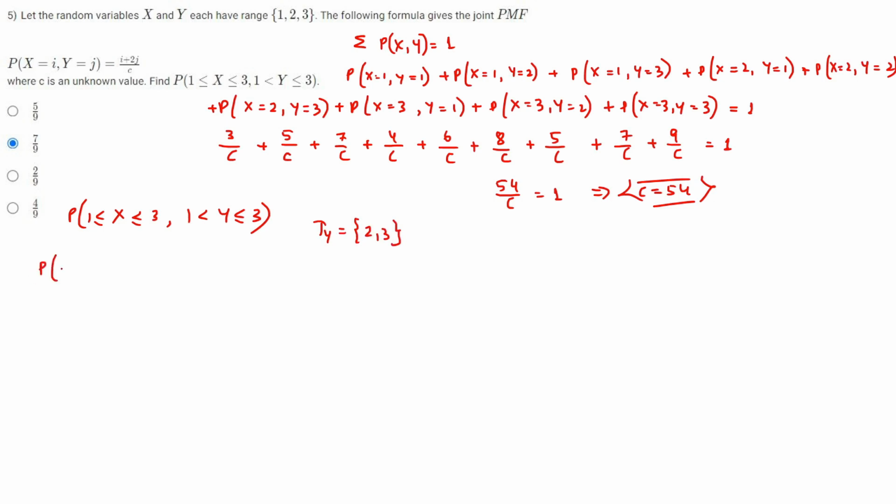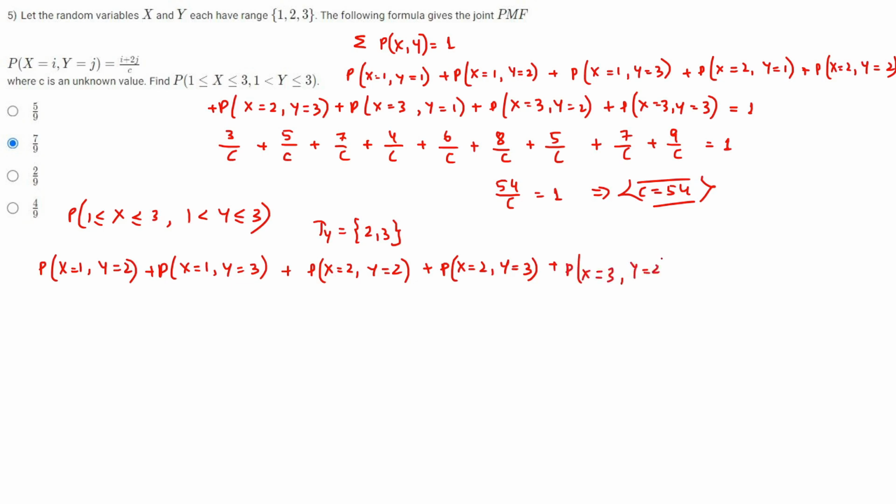P of x equal to 1, y equal to 2 plus p of x equal to 1, y equal to 3 plus p of x equal to 2 and y equal to 2 plus p of x equal to 2 and y equal to 3 plus p of x equal to 3 and y equal to 2 plus p of x equal to 3 and y equal to 3.